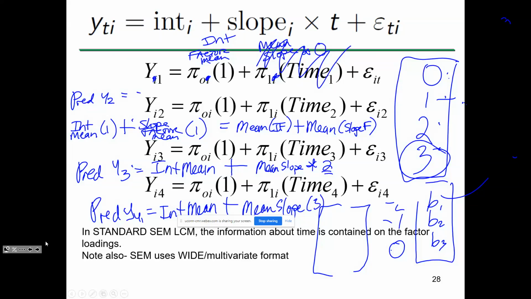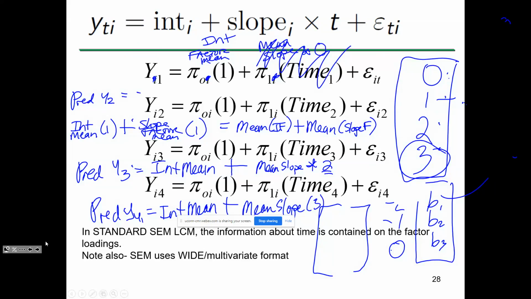And if you think about a model where we only have 3 time points, I could estimate 3 error variances, right? So 3 time points, I estimate 3 error variances.